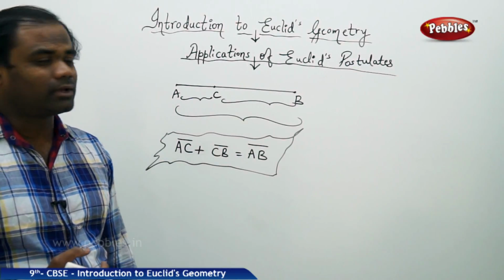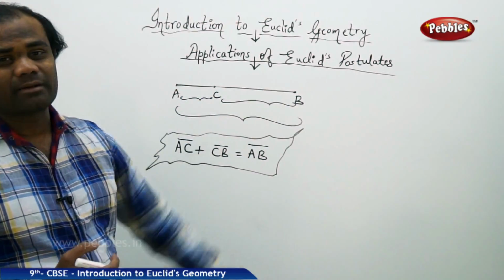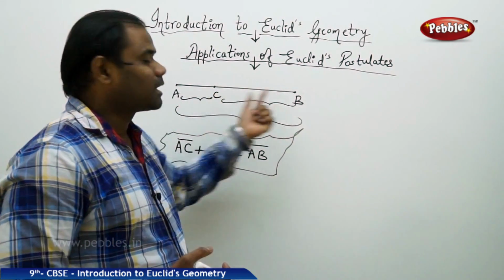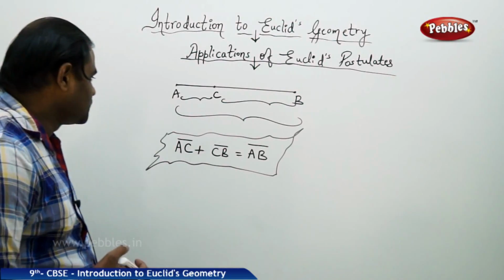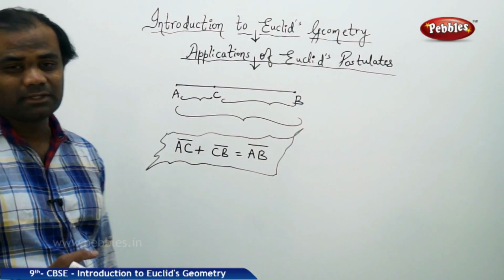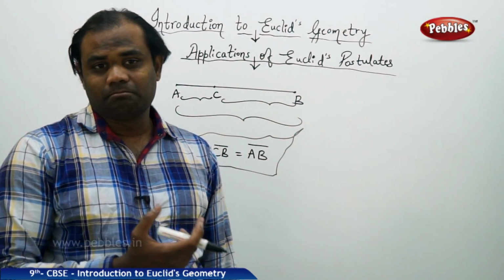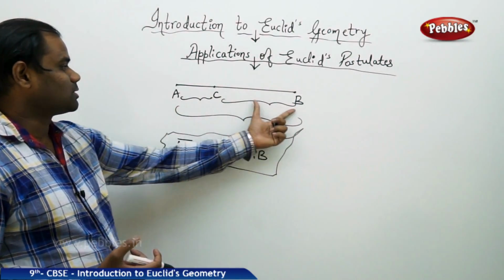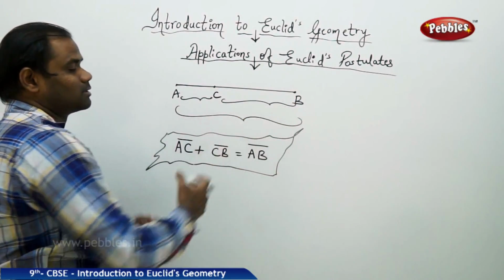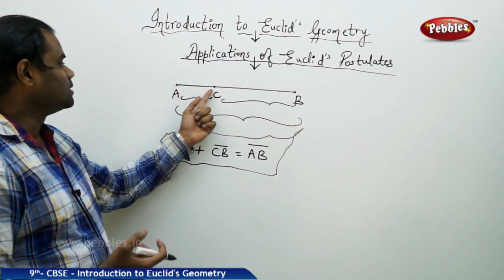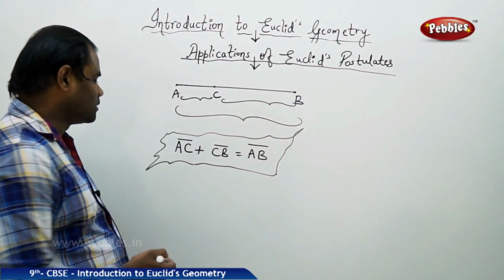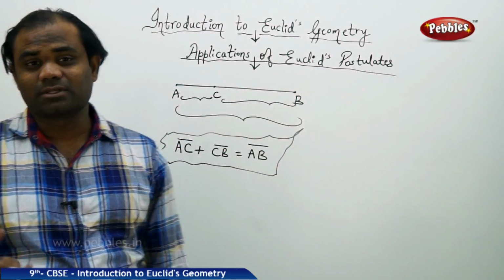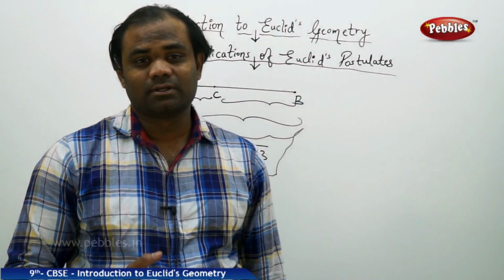You cannot draw more than one line passing through A, C and B taken in pairs as distinct points, AC and CB. So this is postulate number 1, as we have discussed. We have a property which says the sum of 2 parts is the longer segment. That is, AC plus CB will be equal to AB, is how the property gets derived using Euclid's postulates.